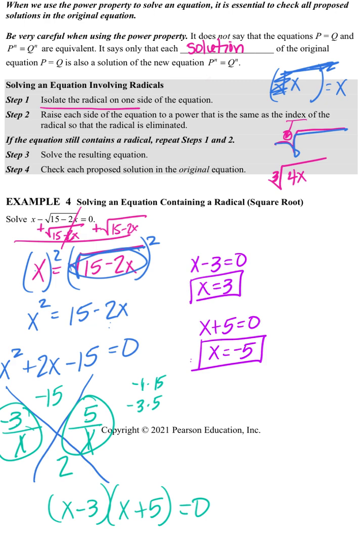So check your proposed solutions here: x is negative 5 and x is 3.